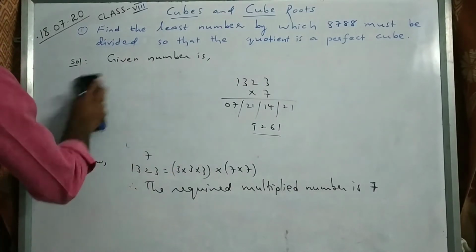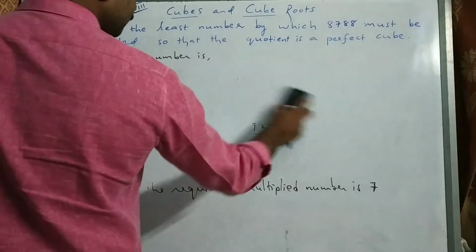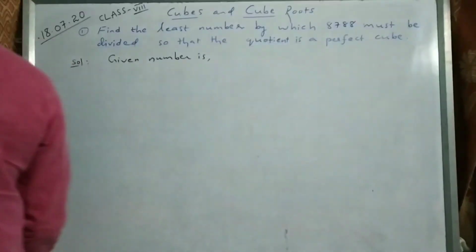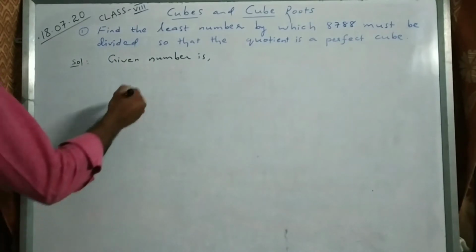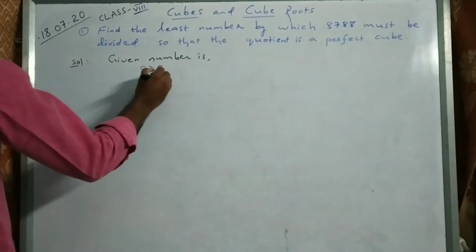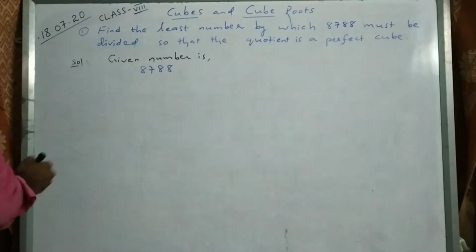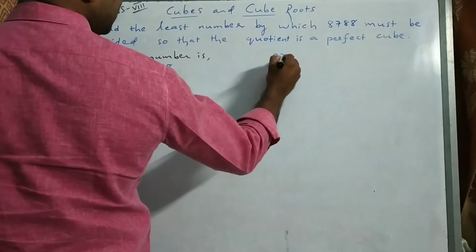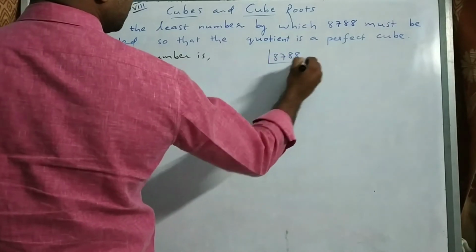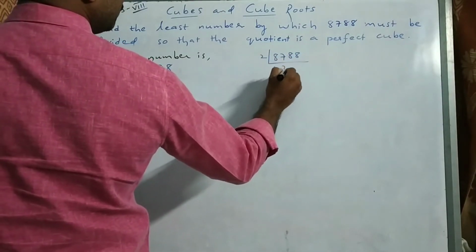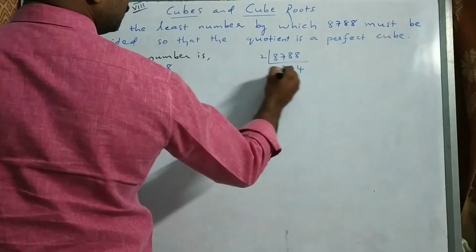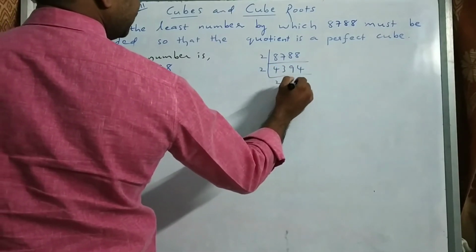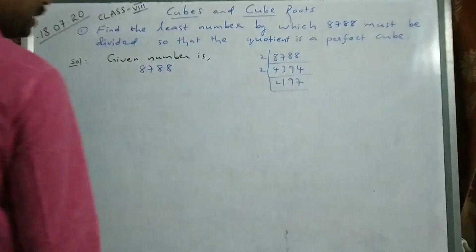What is the given number? 8768. Okay? Now 8768, I am splitting here. 2 4s are 8, 2 3s are 6, 2 4s, 2 2s, 2 1s, 2 9s, 2 7s.